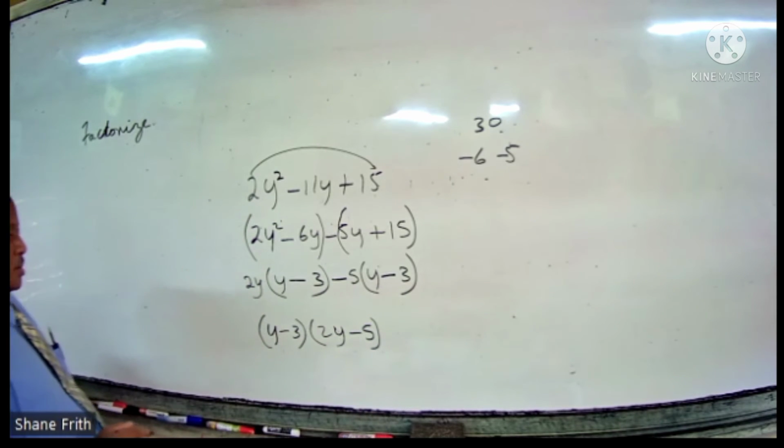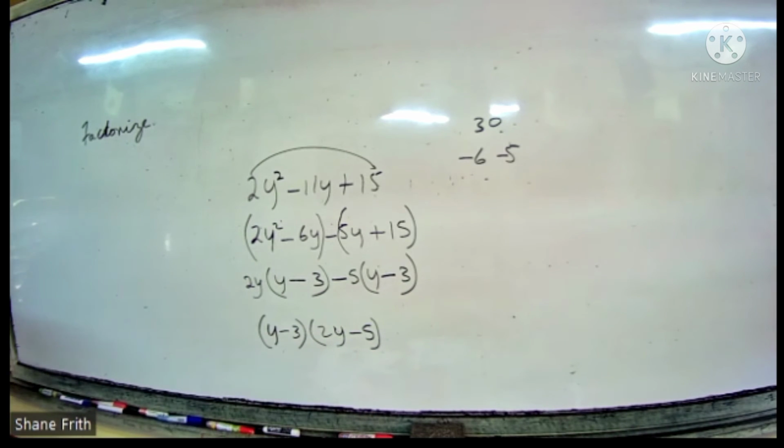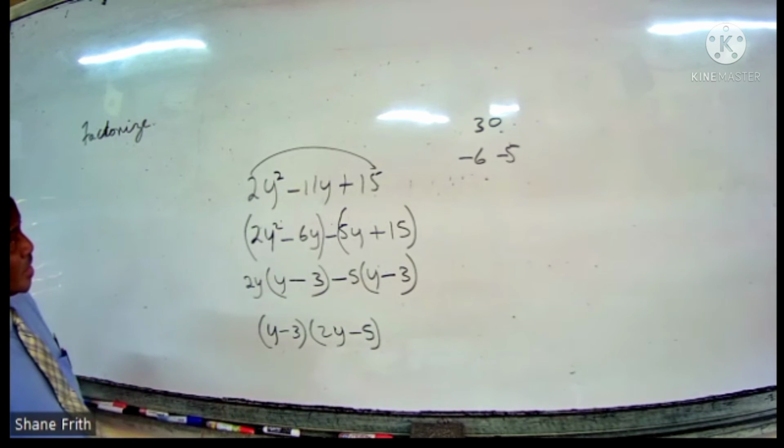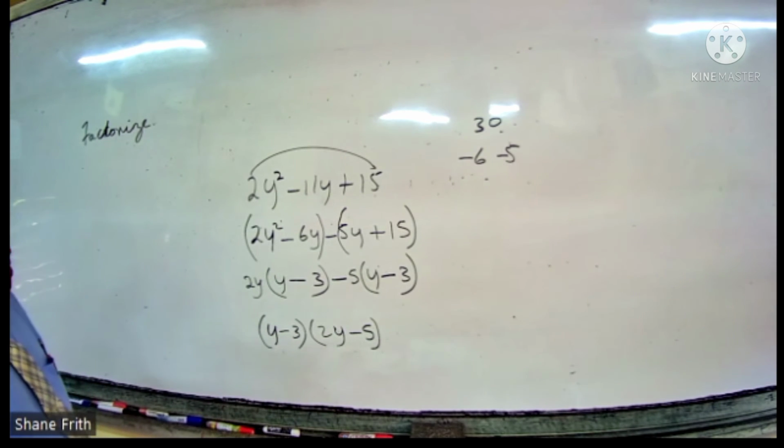All right, and that will constitute my answer. So these are the factors for the expression 2y squared minus 11y plus 15.